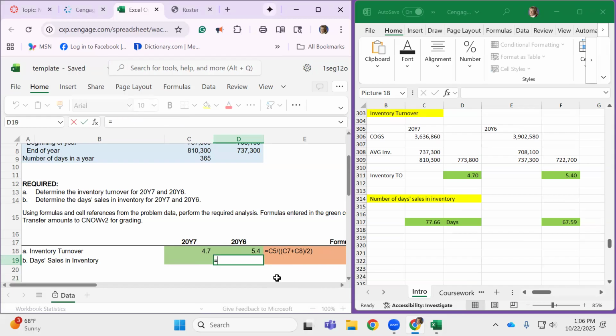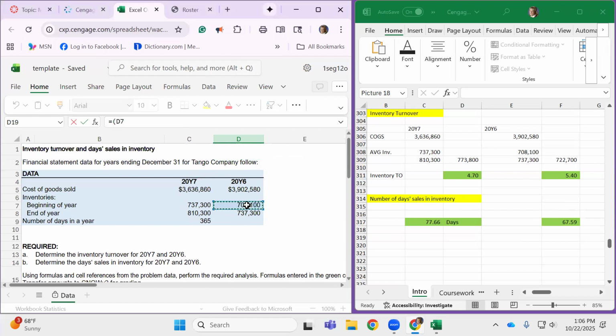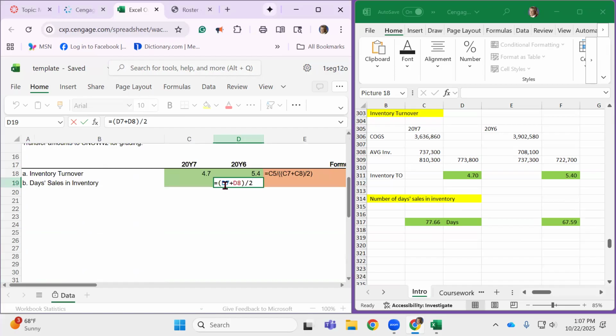All right. So we got to do the average, which equals, open parentheses, plus, all right, close parentheses, divide by 2, and then we've got to do parentheses around all of this. This is where algebra kind of comes in.